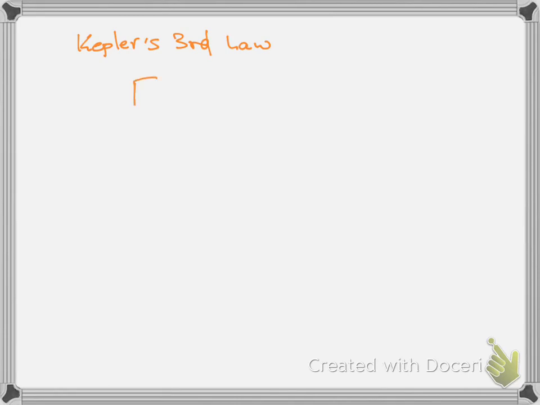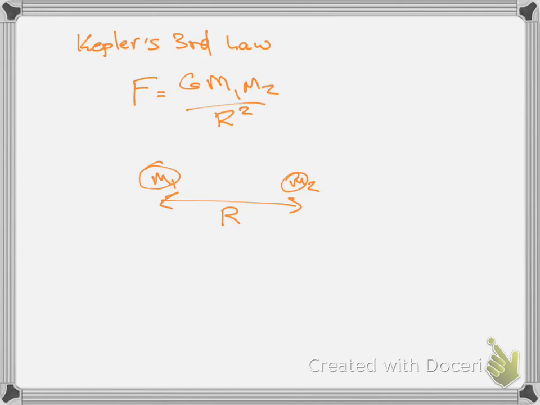If the gravitational force is G m1 m2 over r squared, let's draw the objects m1 and m2, separated by some distance r. The force on m1 due to m2 is G m1 m2 over r squared, and the force on m2 due to m1 is the same, so they each feel that force equally.